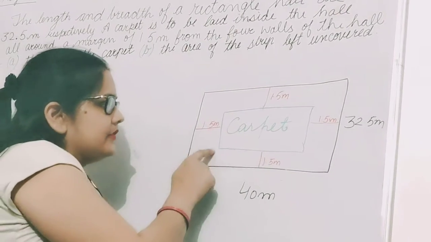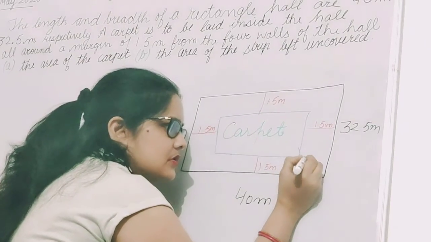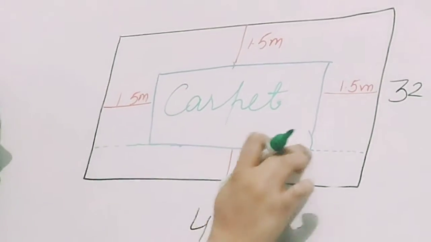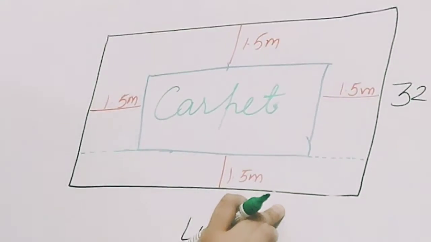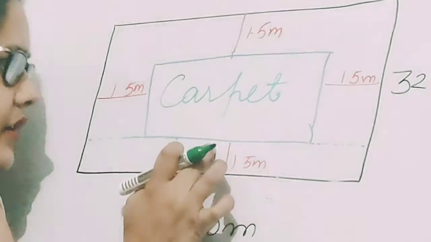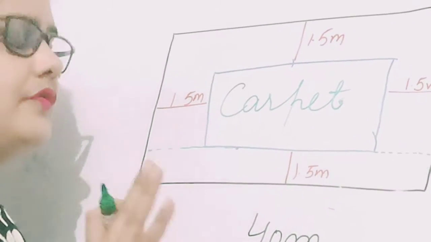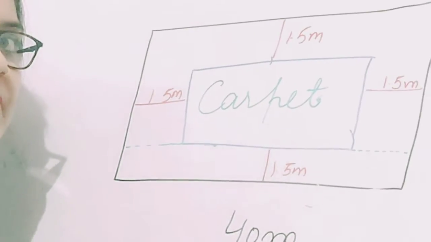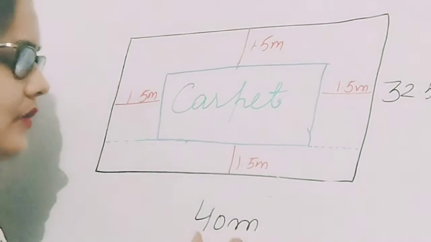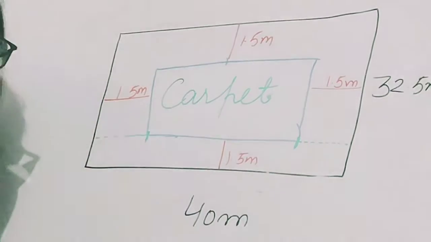If we increase from both sides this portion, so length of carpet is equal to length of the hall. So if we want to find out length of carpet, if we subtract this portion and this portion from 40, then we can find out the carpet's length.